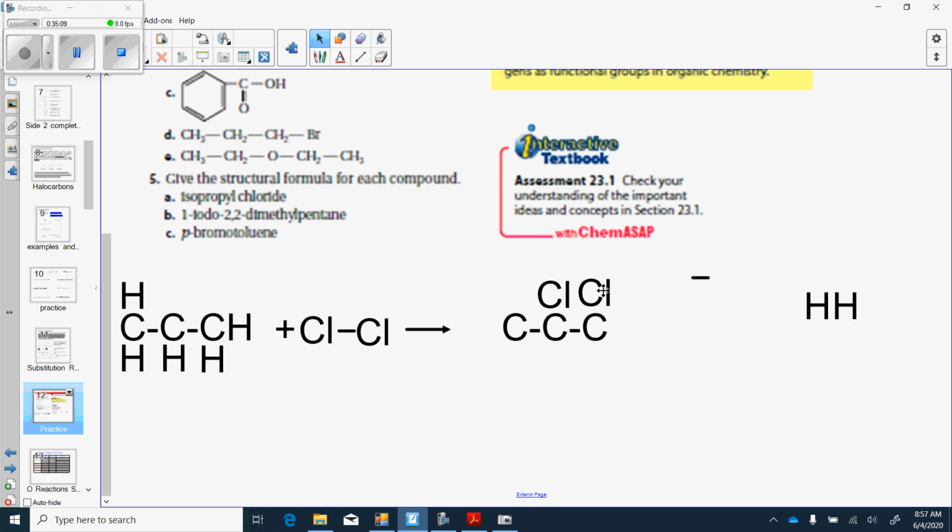So it's kind of like isomers. We can come up with a few different molecules where you have 2 chlorines. Another possibility, so we'll just take those H's quickly back so you can see. We start with this. And what if we substituted the first carbon and the third carbon, right?